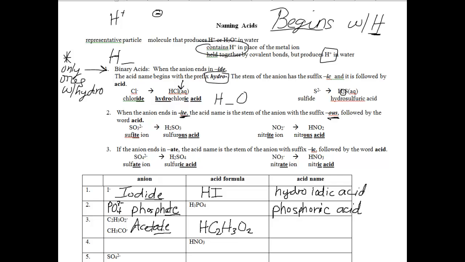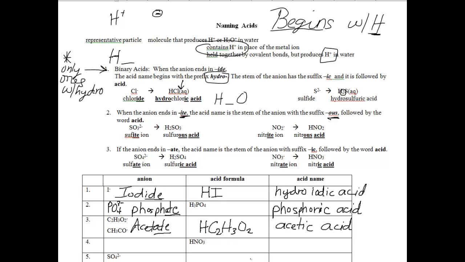It's an ate. Ates become ic. So this would become acetic acid. So we're just going back and forth. You have to look at the name of the ions. The name of the ions helps you to know the formula, but more importantly, helps you to know how to name it.